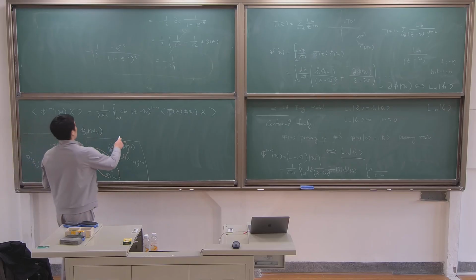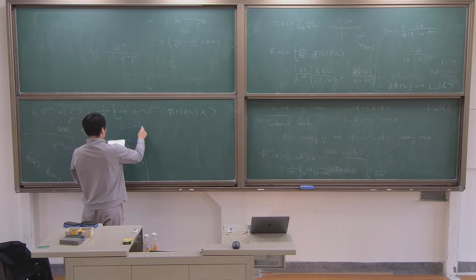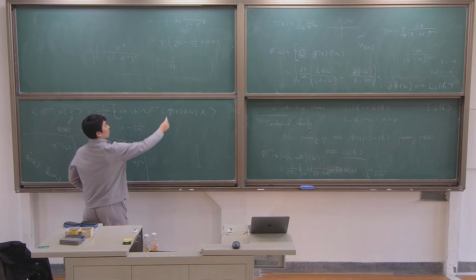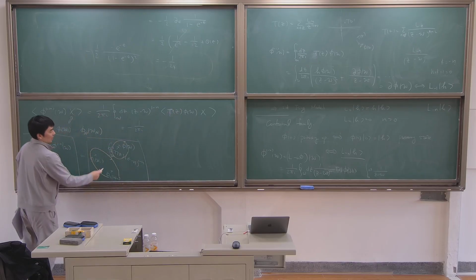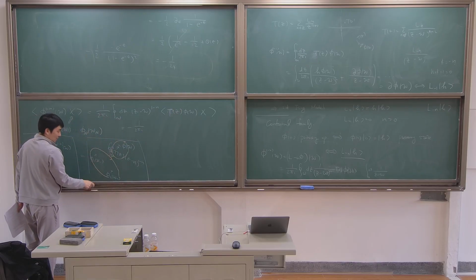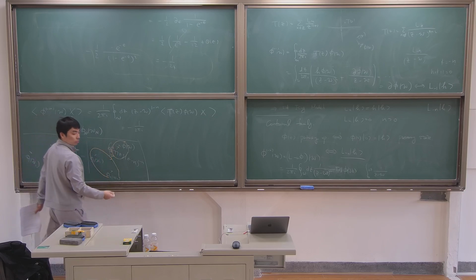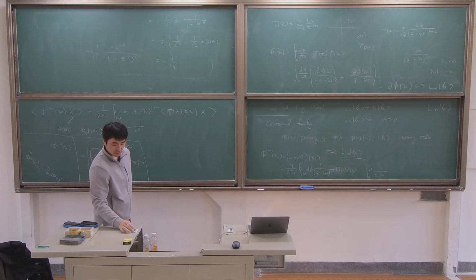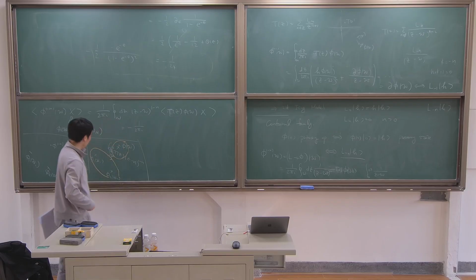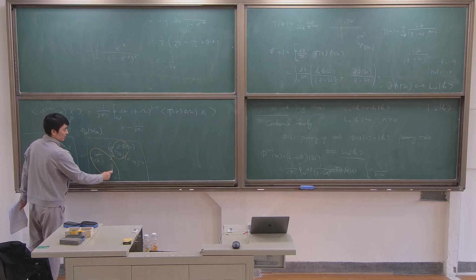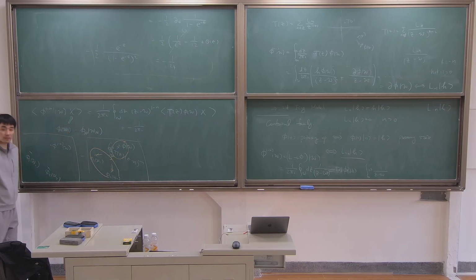So this one can be written as negative of 2 pi i. So now, if you move to the other contour, T can act on the other primary operators, like this primary operator.